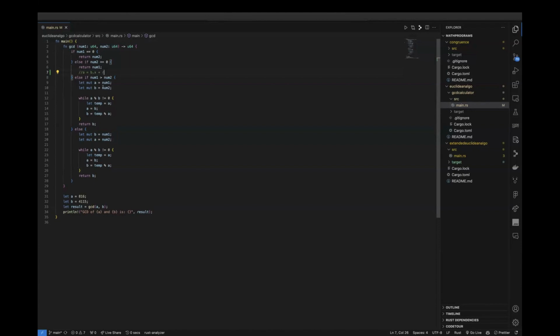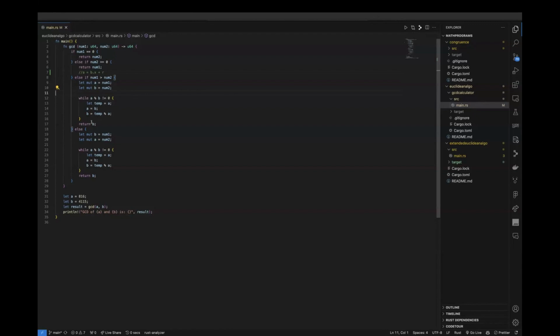And then while our remainder is not 0, we will perform this loop. First we store our first number in a temporary variable, then we store the second number in A, and then B will hold the remainder of A and B, the two numbers that we gave at first.